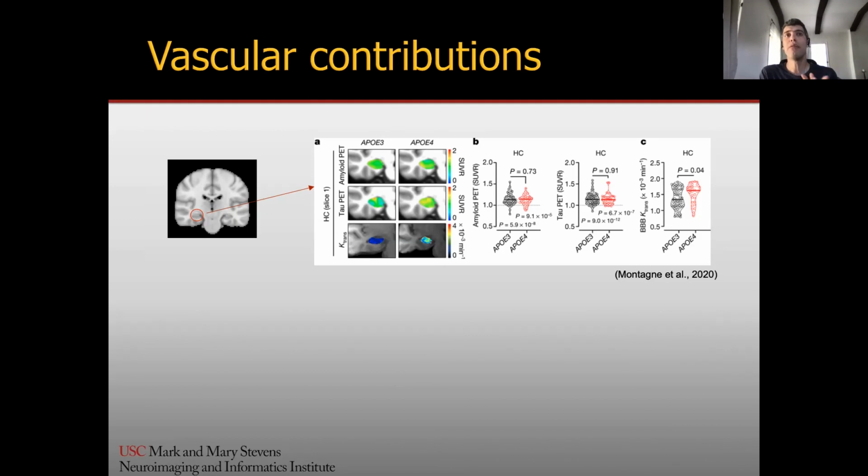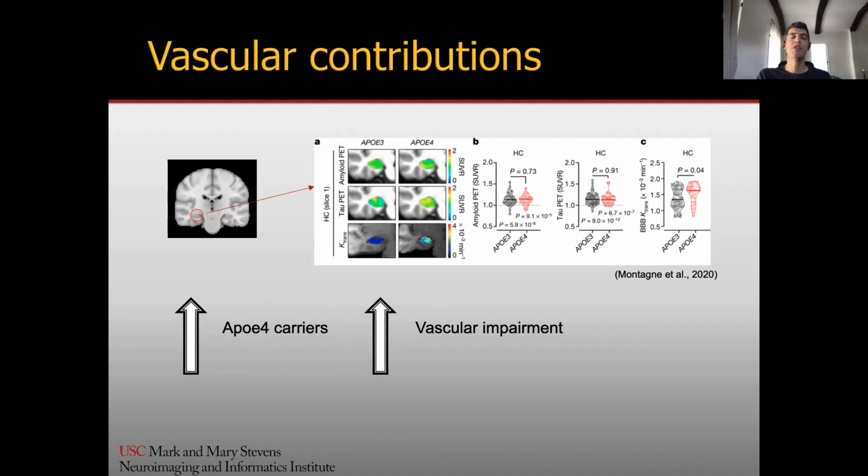And what they found was a really interesting finding: in people that carry the APOE4 genotype, a specific gene that poses high risk for developing Alzheimer's disease later in life, they used all of these different neuroimaging markers that I described: amyloid PET, tau PET, blood flow, and anatomical images.